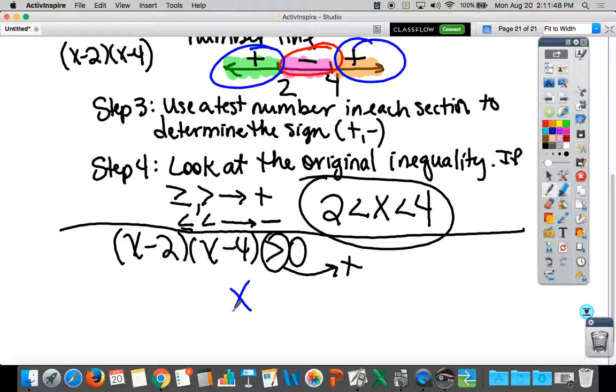X is less than 2 or X is greater than 4. And if those had equal to's under them, you would put equal to. You just follow suit. So what questions do you have about solving using the sign chart? We're gonna do a couple more of these, but any questions so far?